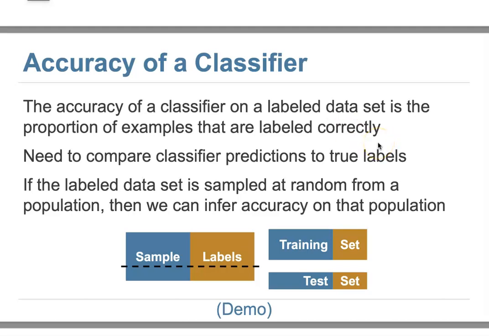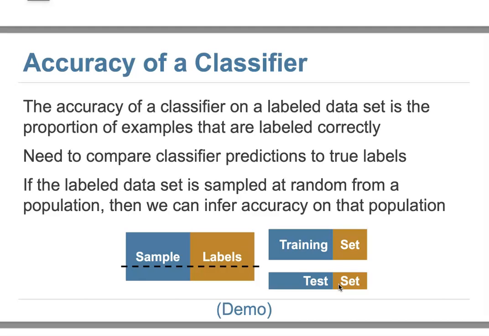Also remember from the last lecture, we got our sample data from our population. Most of the time we use the bigger portion to train our classifier, and then we use the rest to do the testing.